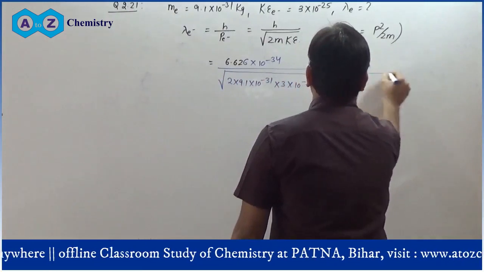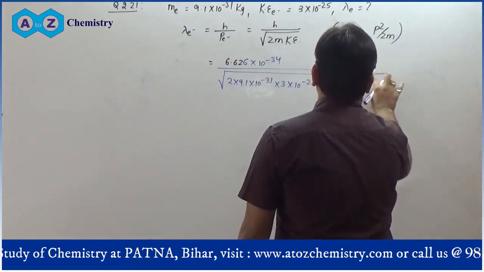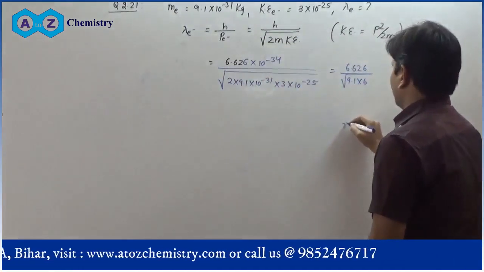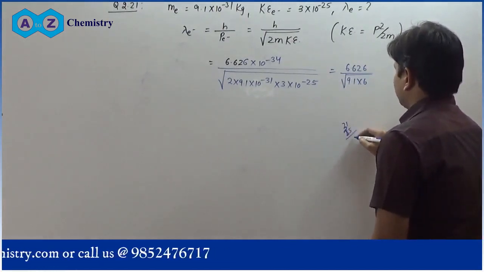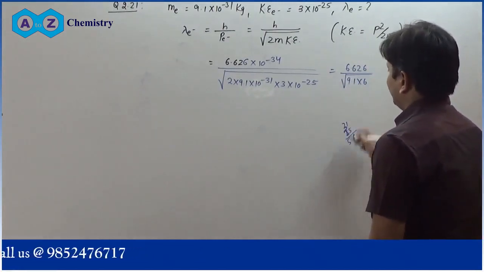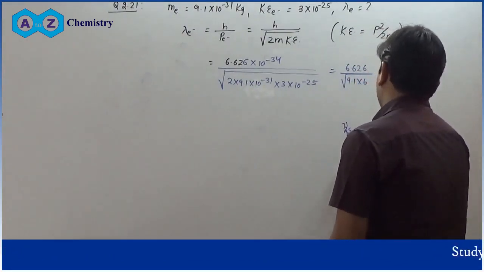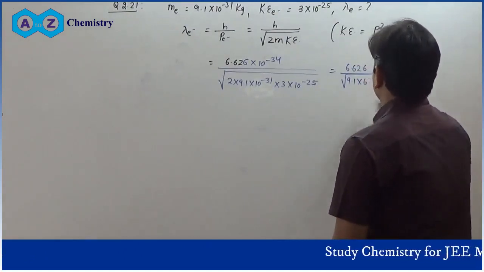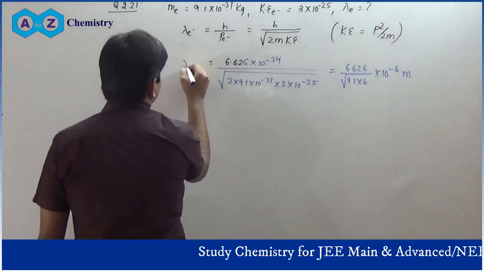This is the value that you can calculate here: 6.626 divided by the square root of 9.1 × 6 × 10^-25 × 10^-31. You will have 6 and 5, and if you take the square root, you get 28 × 10^-6.